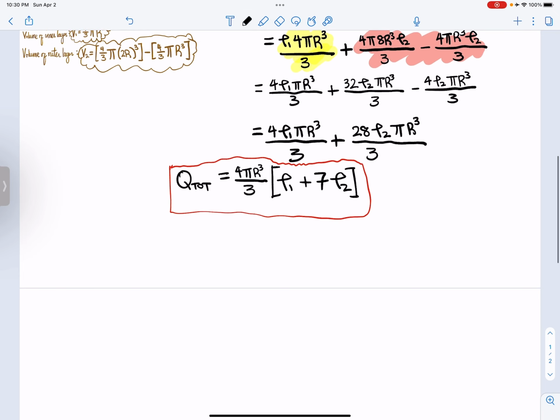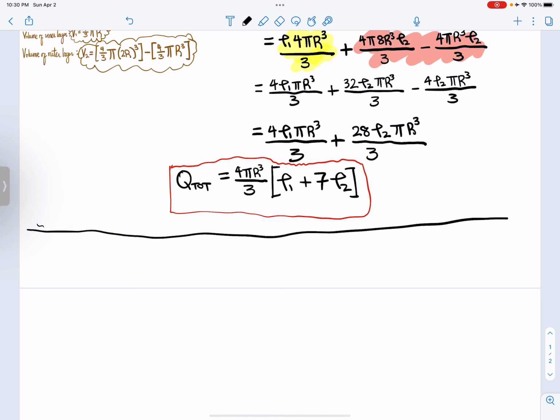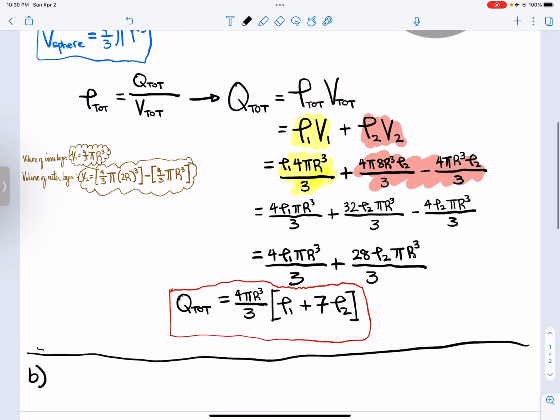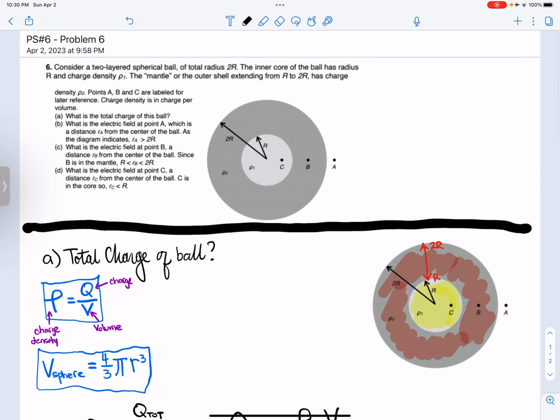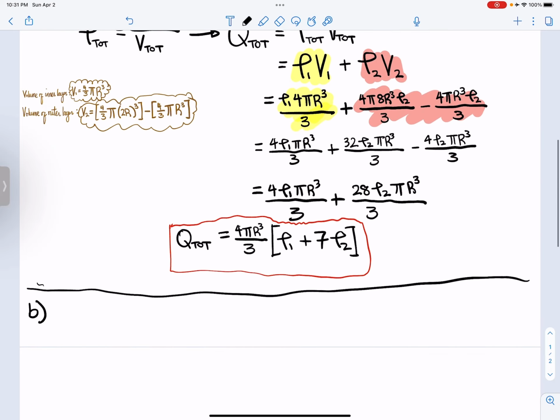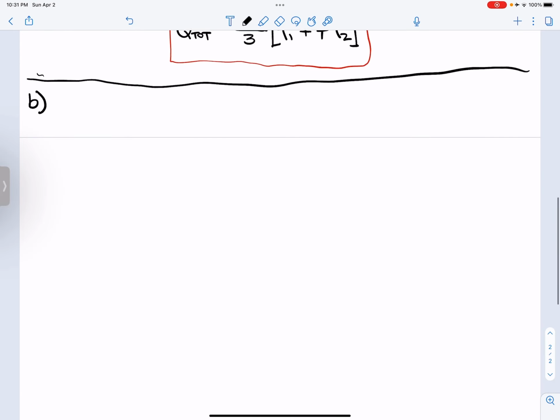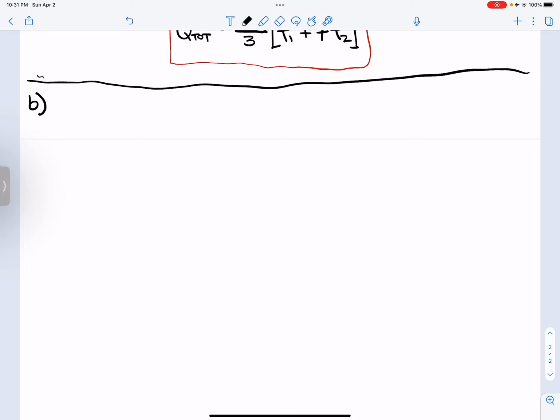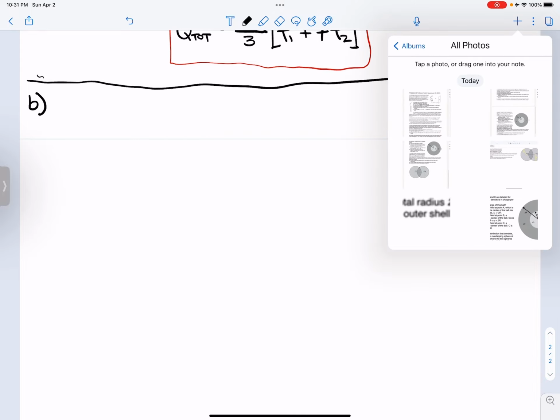Okay. So let's go to part B. What is the electric field at point A, which is a distance of RA from the center of the ball? As the diagram indicates, RA is greater than 2R. Okay, let's add that photo in here.